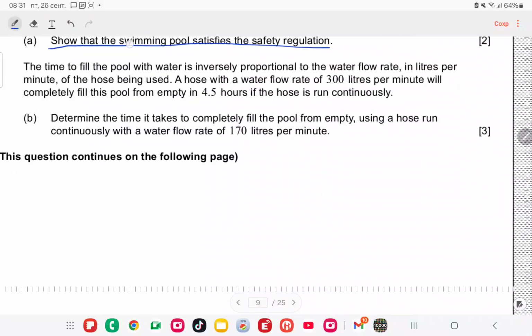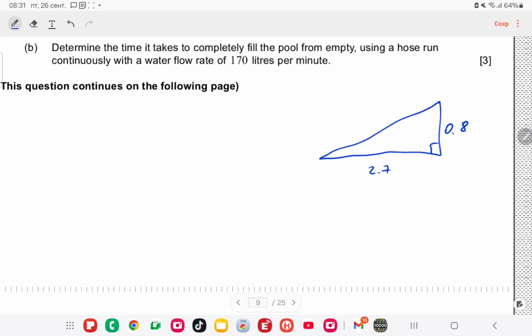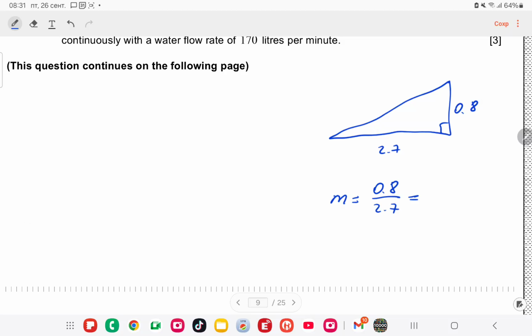If we construct the triangle separately, we have this triangle, with 2.7 and 0.8. Using the equation of slope, we divide rise by run, 0.8 divided by 2.7. We get 8 over 27, or using the calculator, 0.296 for 3 significant figures.